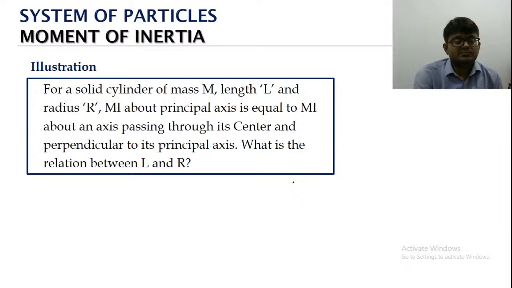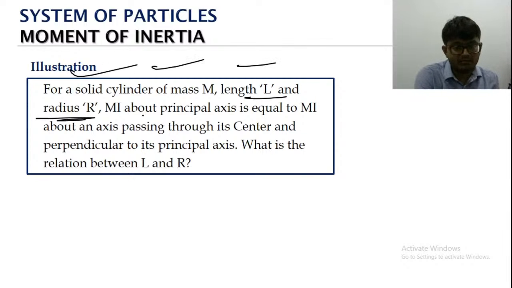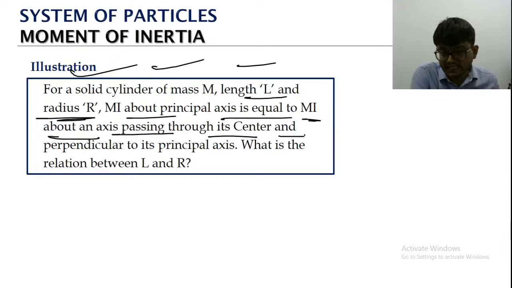Look at this one. For a solid cylinder of mass M, length L and radius R, the moment of inertia about the principal axis is equal to the moment of inertia about an axis passing through its center and perpendicular to its principal axis.